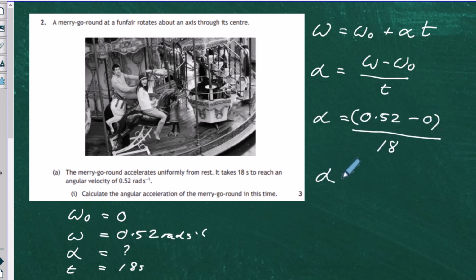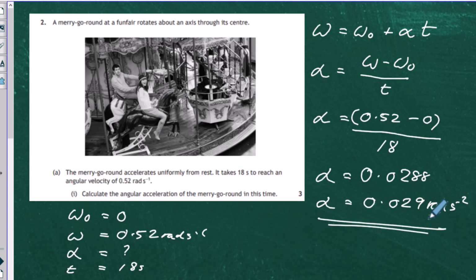If you do that in your calculator, you get 0.0288. We'll round this so that alpha becomes 0.029 to 2 significant figures, and the units are radians per second every second. So that's the first one: angular acceleration is 0.029 radians per second every second.